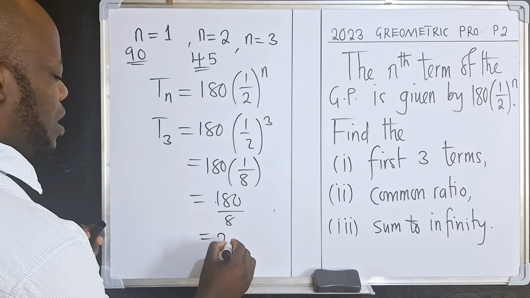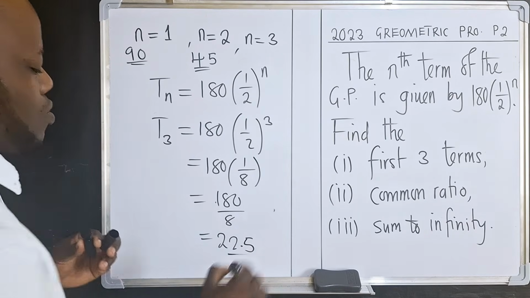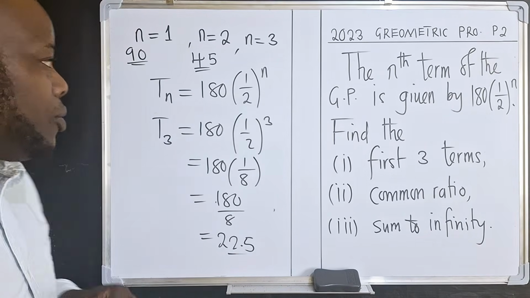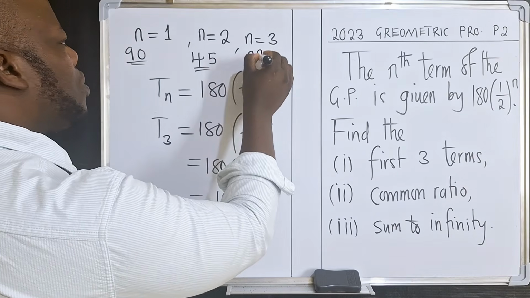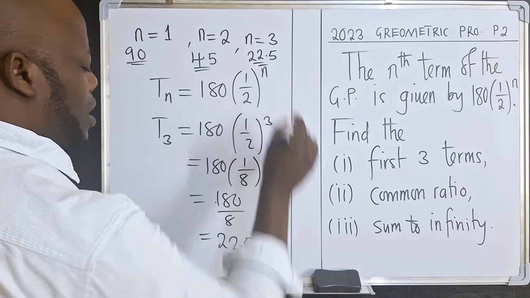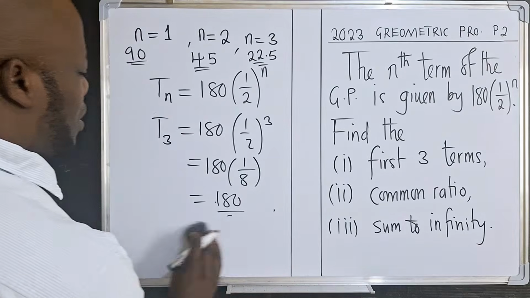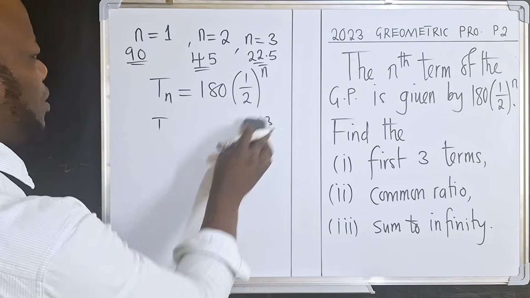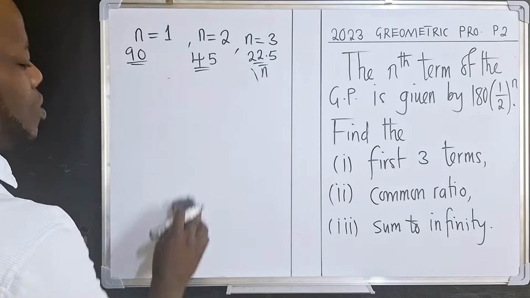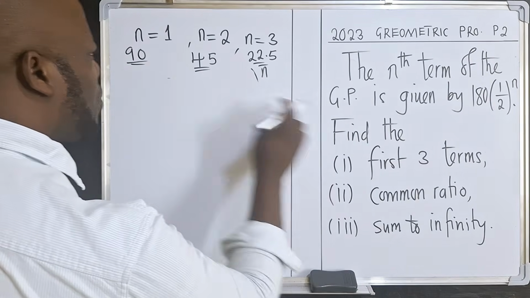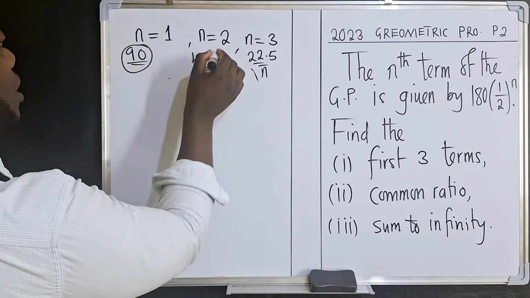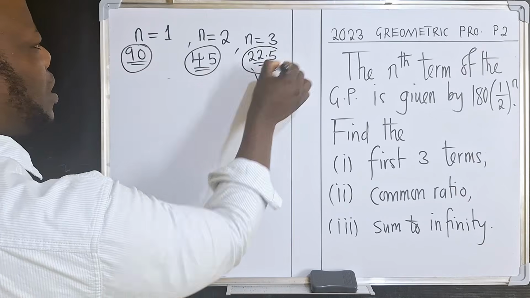When we divide, we get 22.5. Are you aware that we've answered question 1? The first three terms are 90, 45, and 22.5.